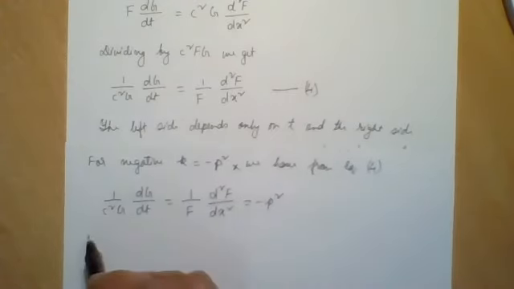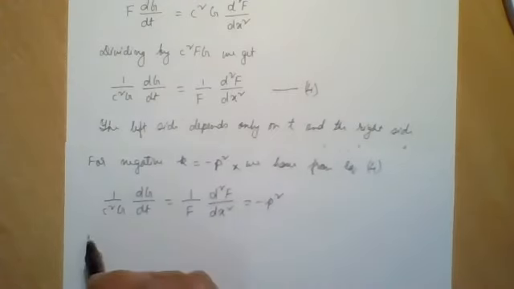Multiplying by the denominators gives immediately two ordinary differential equations, which we write in short as ODEs.